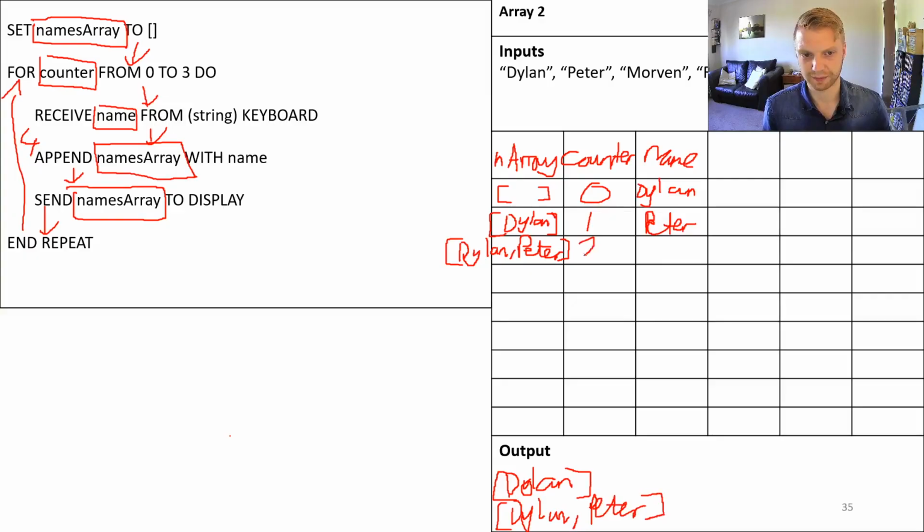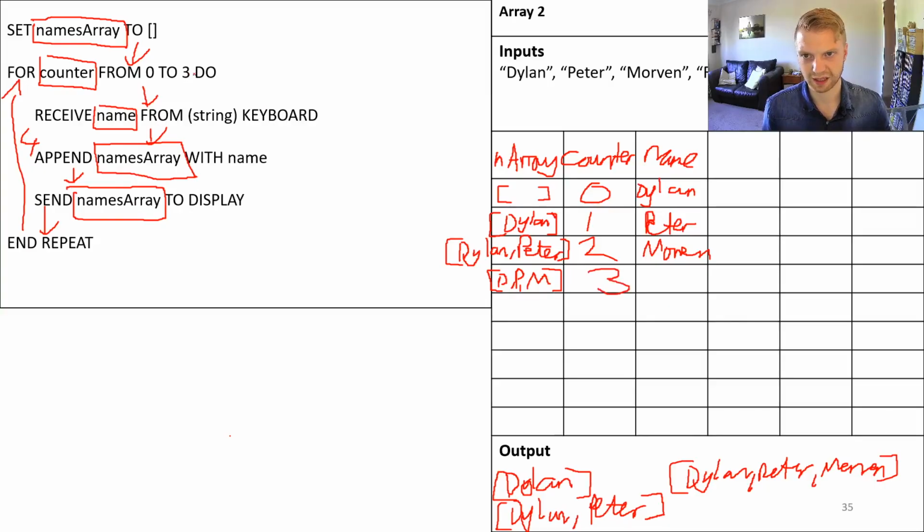Counter goes up again. So you get the name Morven. I'm going to add that. I'm running out of space, so what I'm going to do is just do the first letter of each name, and we know what it means. So D, P, and M, and then this will just be Dylan, Peter, Morven, and then we go back up, counter goes up.